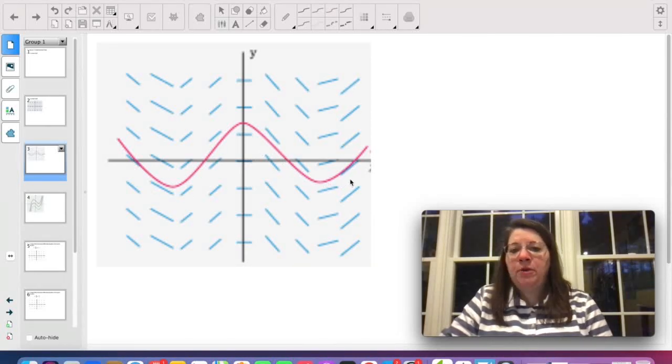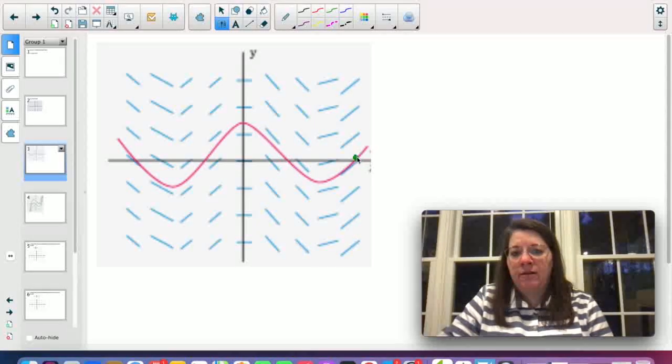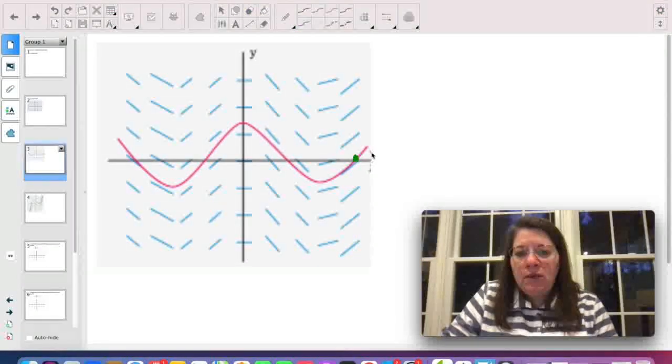They picked a particular ordered pair, and we could say maybe they picked this ordered pair right here. And then once they picked that ordered pair, they used those slopes within that slope field to determine exactly where that line should be. And you can see that they have kind of hugged these slopes.